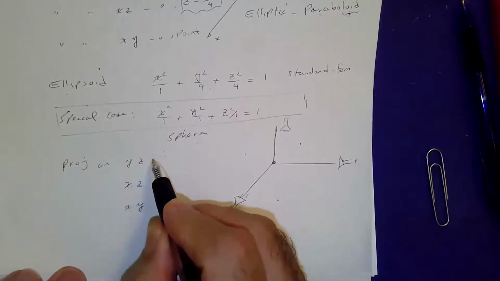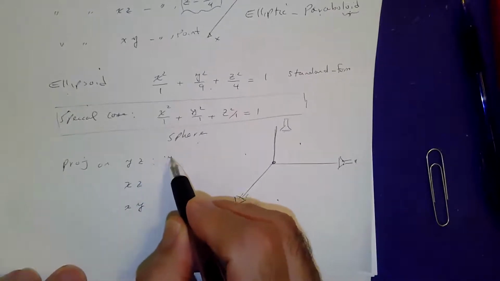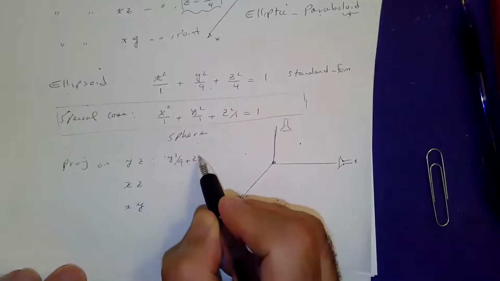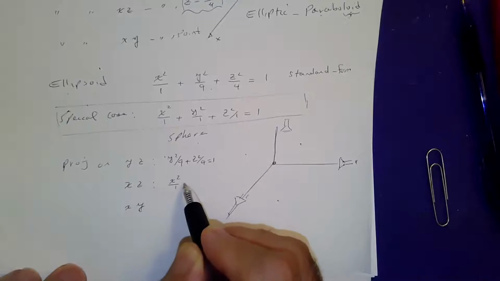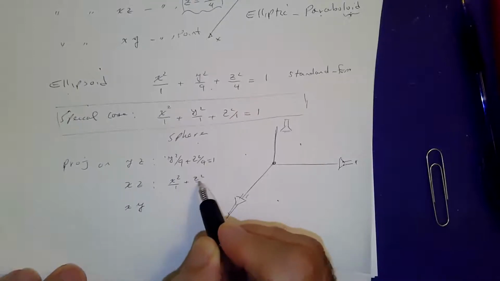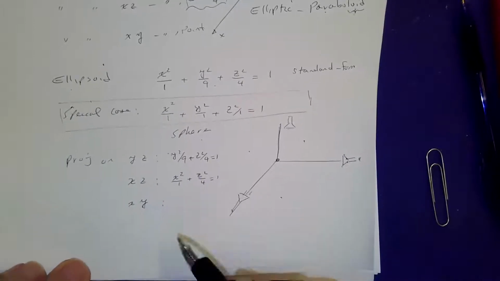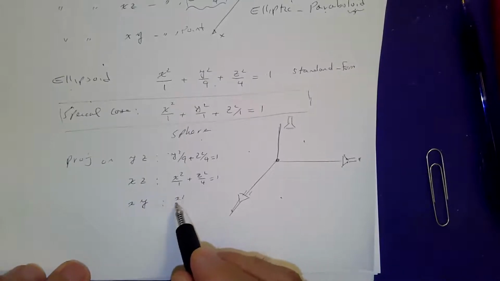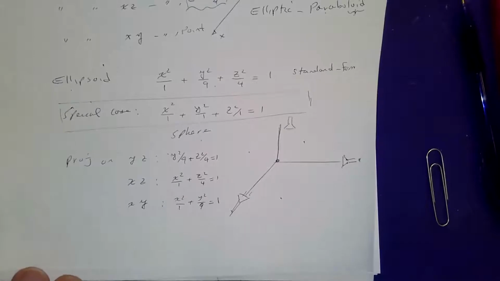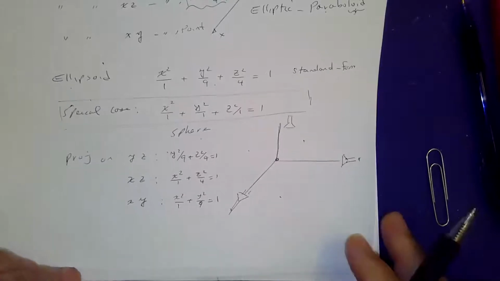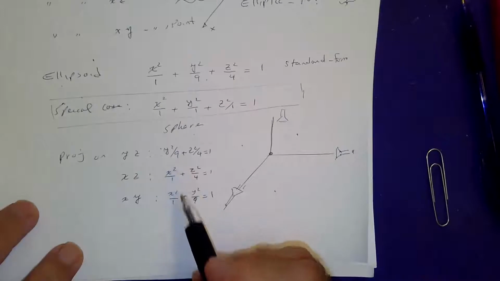So it turns out on the YZ plane, I have y squared over 9 plus z squared over 4 equals 1. On the XZ plane it is x squared plus z squared over 4 equals 1. And on the XY plane it is x squared over 1 plus y squared over 9 equals 1. In other words, it looks like I'm getting a bunch of ellipses.